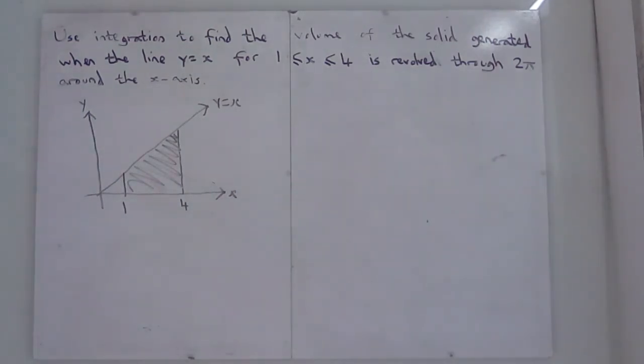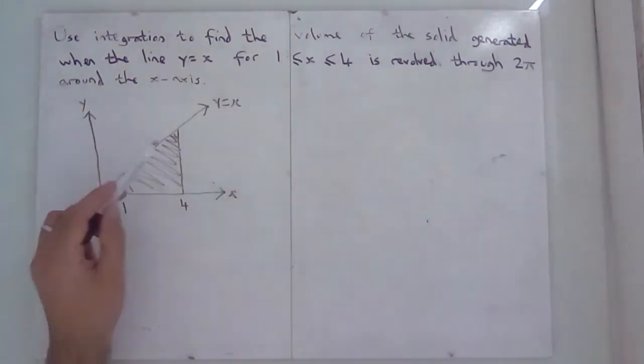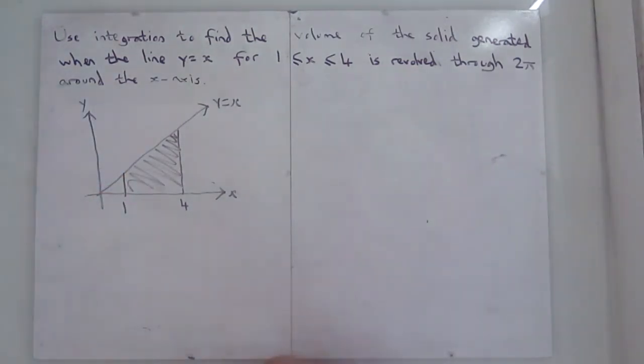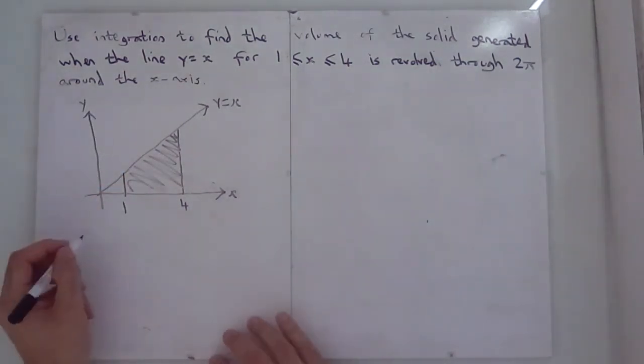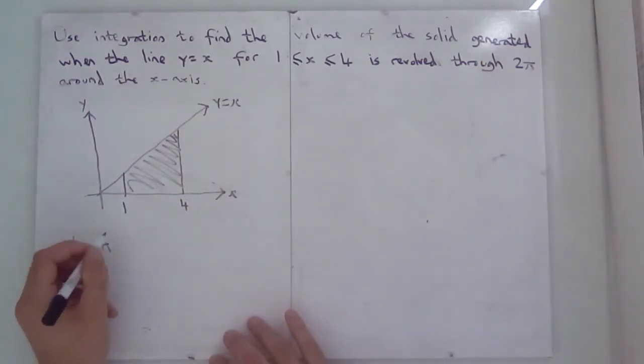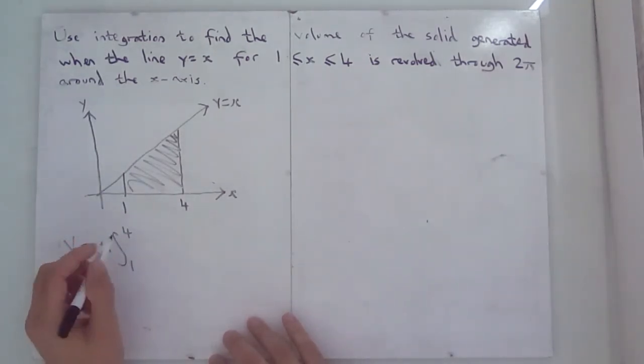The reason it says use integration is because you could just recognize that this is a frustum, which is like a chopped off cone, and work out the volume like that, but we need to do it the way it says. So the volume is going to be pi times the integral between 1 and 4 of y squared dx.